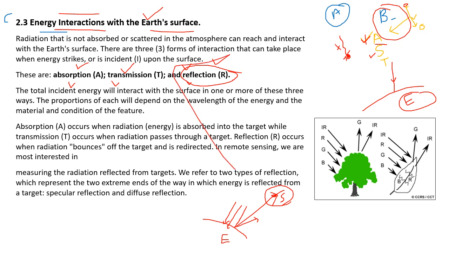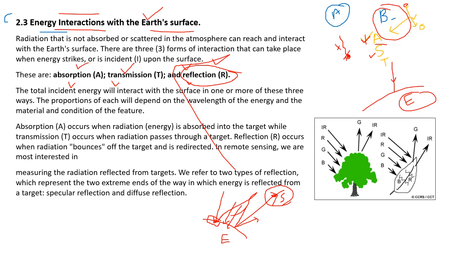If sun energy is coming and water has the characteristic that it absorbs most of the energy, then reflected energy will be very little in those areas where water is present. Such areas will appear dark in color.